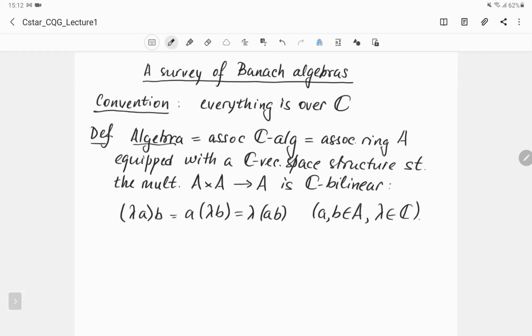In general, our algebras are not assumed to have an identity. An algebra with an identity is called a unital algebra. A is unital if it has an identity element.